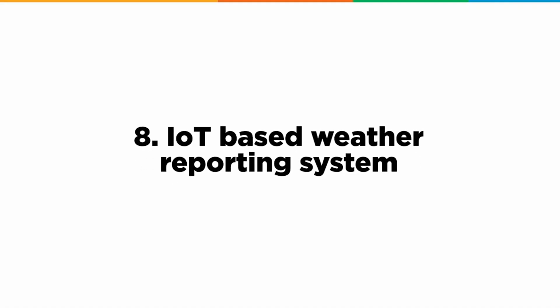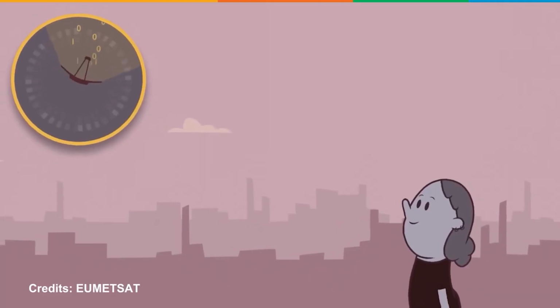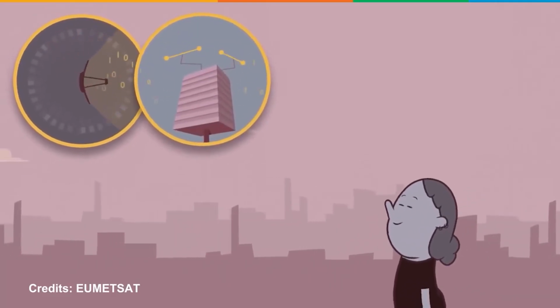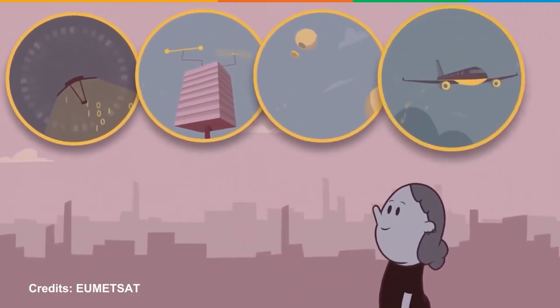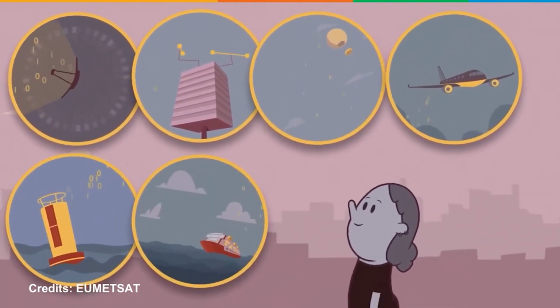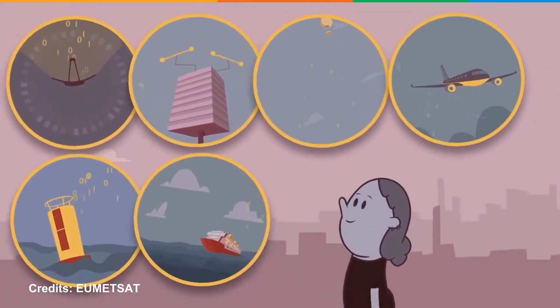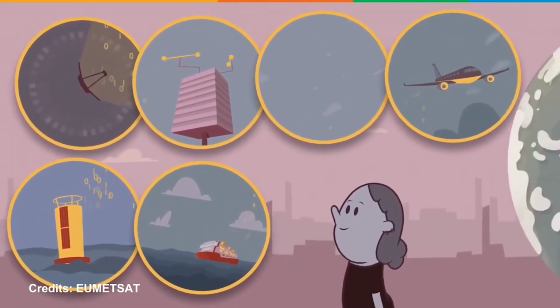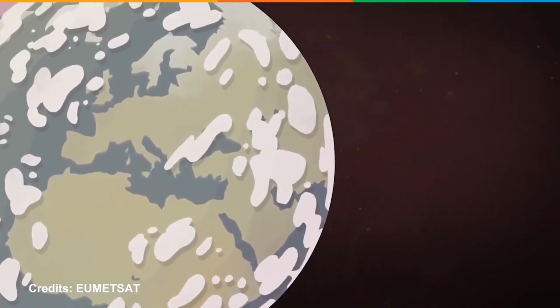Moving on, at number 8, we have IoT-based weather reporting system. Now, the system deals with monitoring weather and climate changes like humidity, temperature, moisture, wind speed, UV radiation, light intensity, and even carbon monoxide levels in the air using multiple sensors.